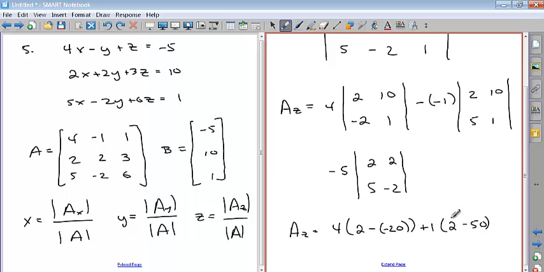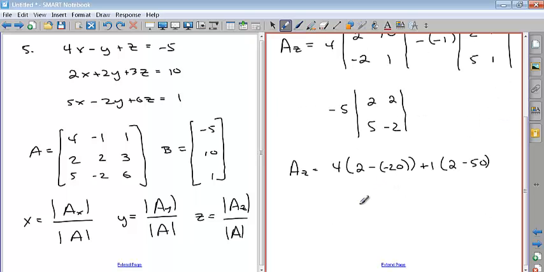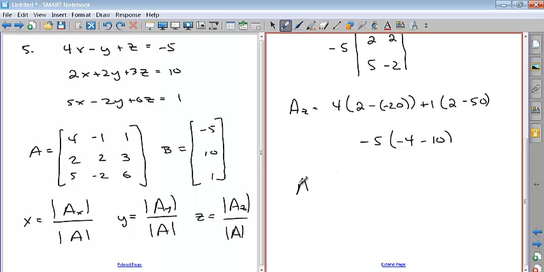And then finally, negative 5 times 2 times negative 2 is negative 4, and you subtract 2 times 5, which is 10. So we get 4 times 22. 2 minus a negative 20 is the same as 2 plus 20.